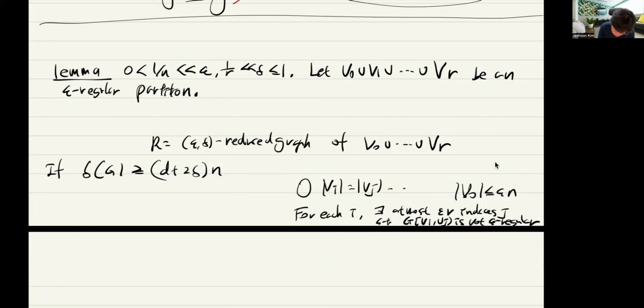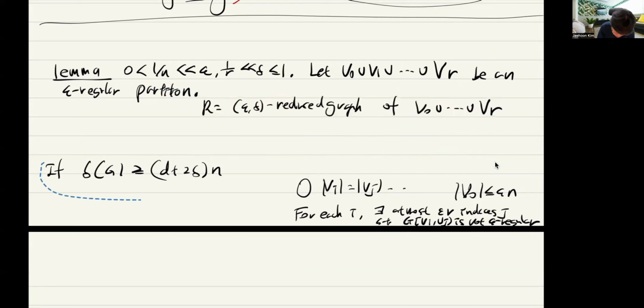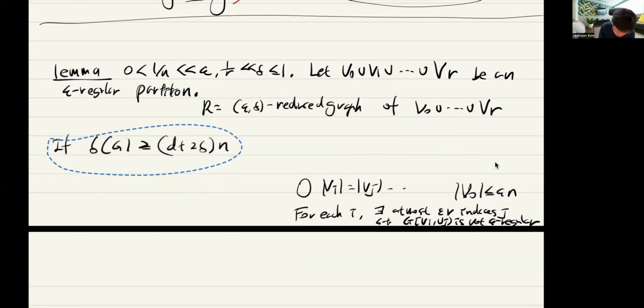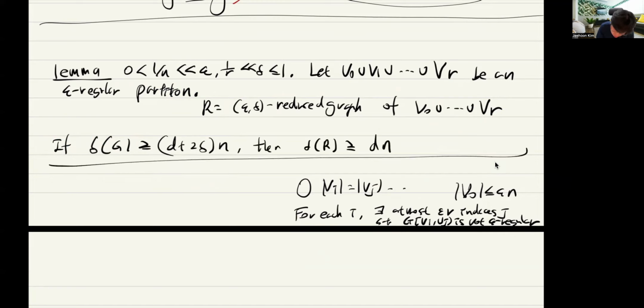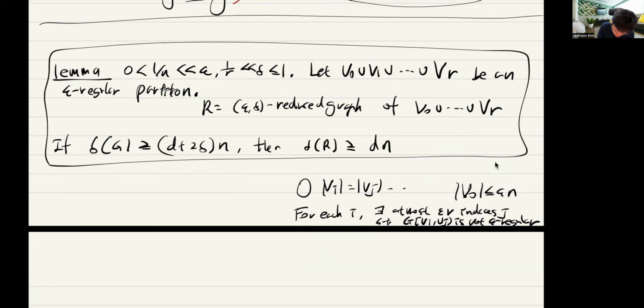Then what we know is that if the minimum degree of G is at least (d plus 2 delta) n, then the minimum degree of R is at least d r. So the loss on the minimum degree is not big.